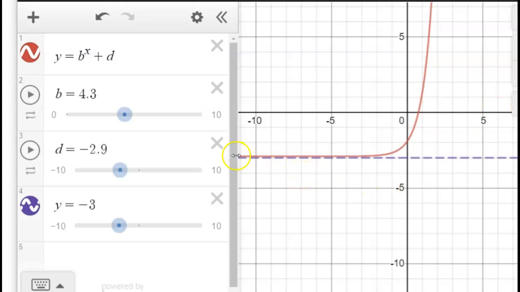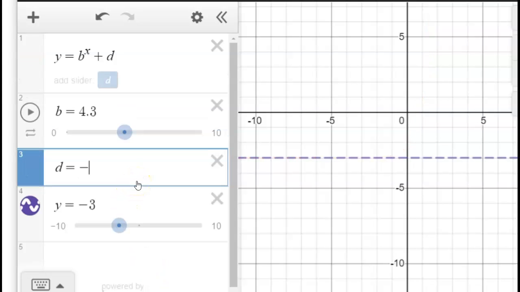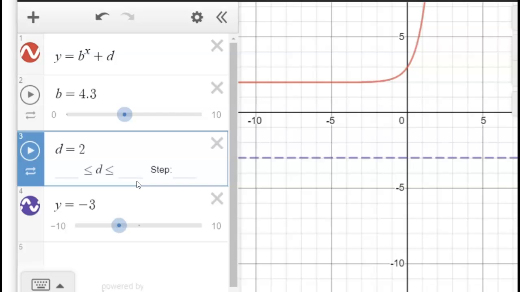When you get closer and closer and closer to a line without ever actually touching that line, that is called an asymptote. This line right here is an asymptote. The graph is getting closer and closer and closer to that line, but it's never actually touching it.